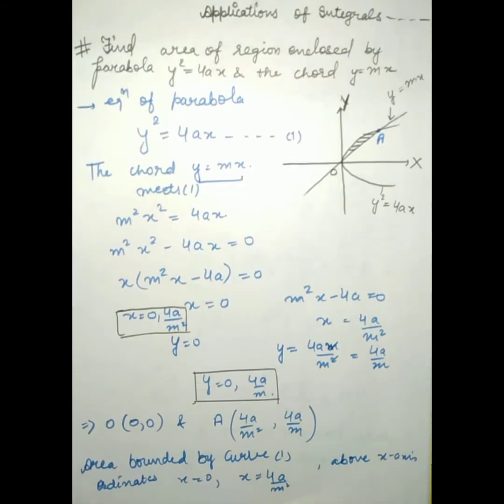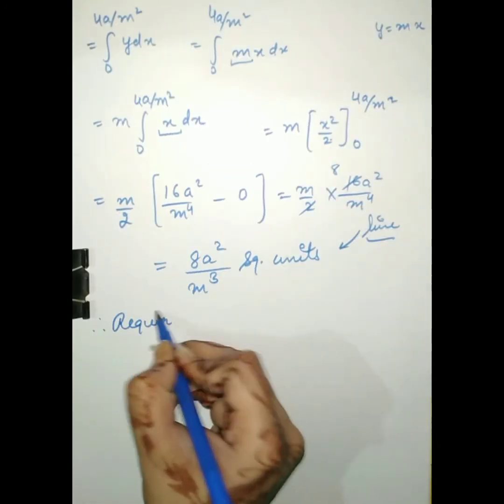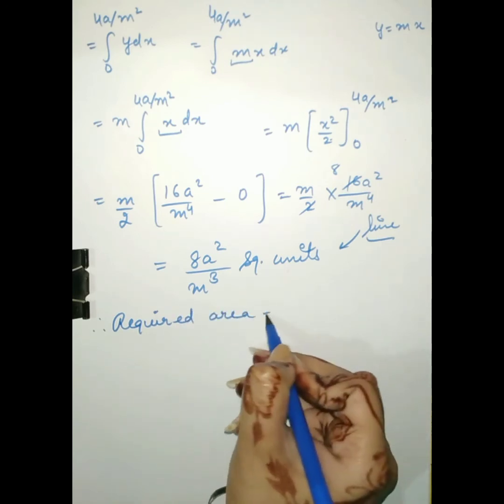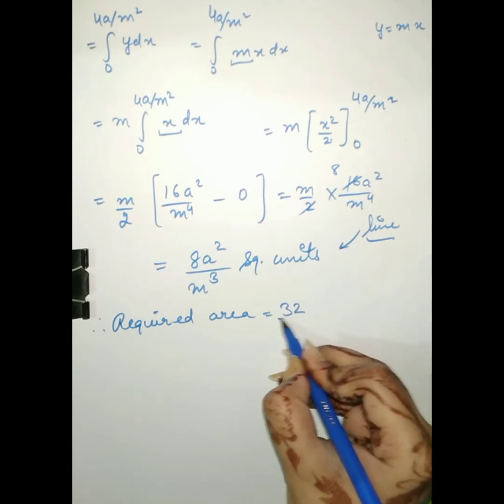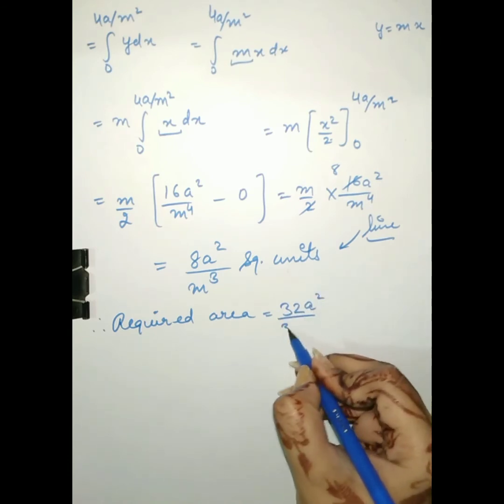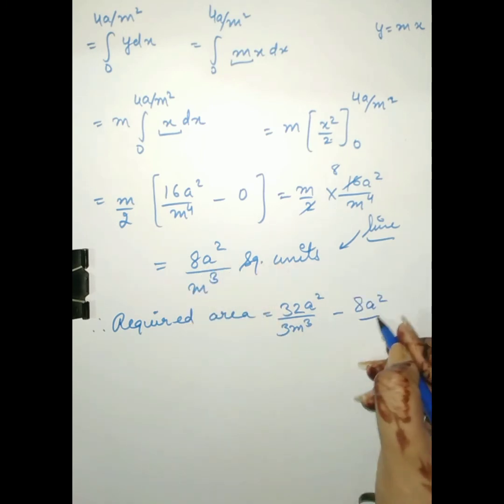Now we are done with the area which is bounded by the curve and the line. Now for finding the area of this region, we have to subtract the area of the line from the area of the curve. So therefore the required area will be equal to the area of the curve, which is 32 a square upon 3m cube, minus the area of the line, that means 8 a square upon m cube.